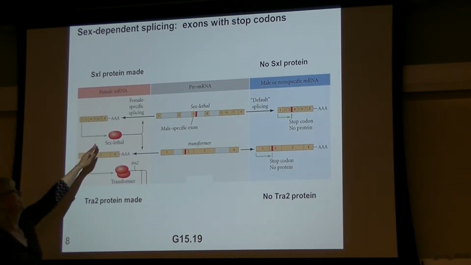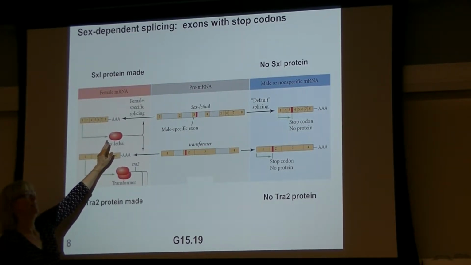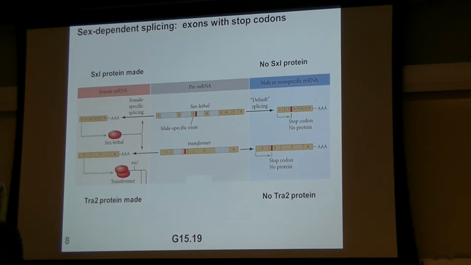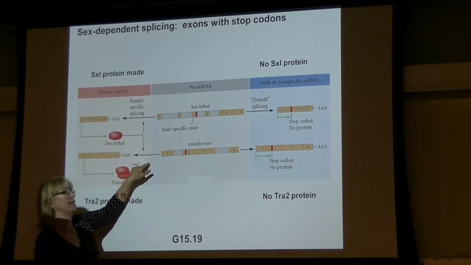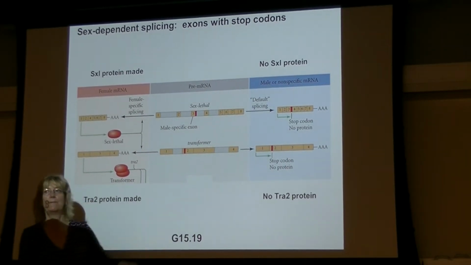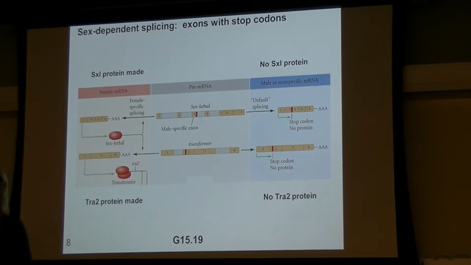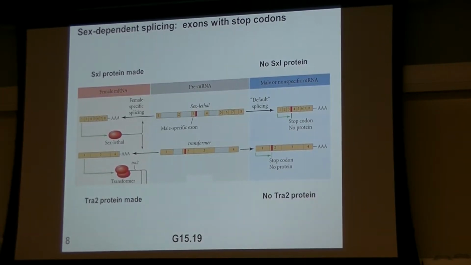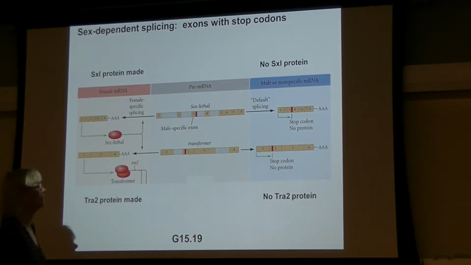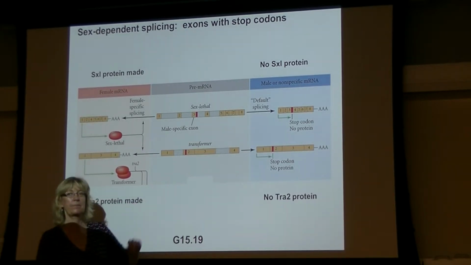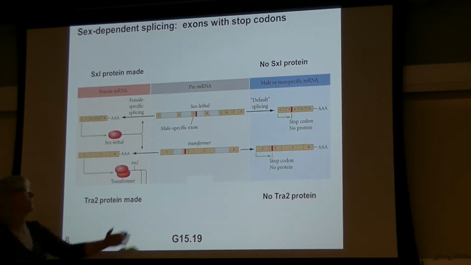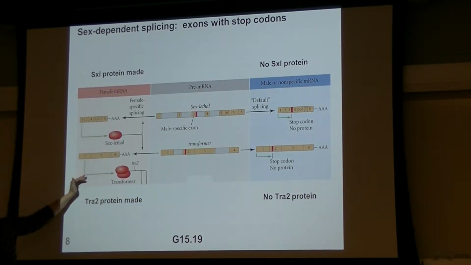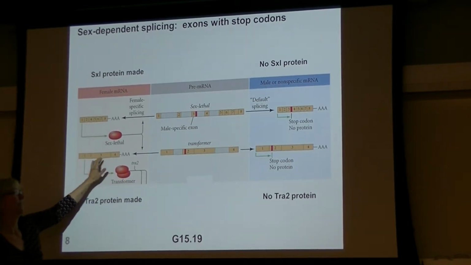Okay, so when the Sex lethal protein is made, now we have this differential situation where female cells have Sex lethal protein, and it's functioning as a splicing regulator. It's going to go to the next gene on down the line, which happens to be called transformer, and it's the same scenario. This pre-mRNA is getting made, and one of the early exons has a stop codon in it, and you get differential gene splicing so that the female version can make an intact protein from this intact reading frame.